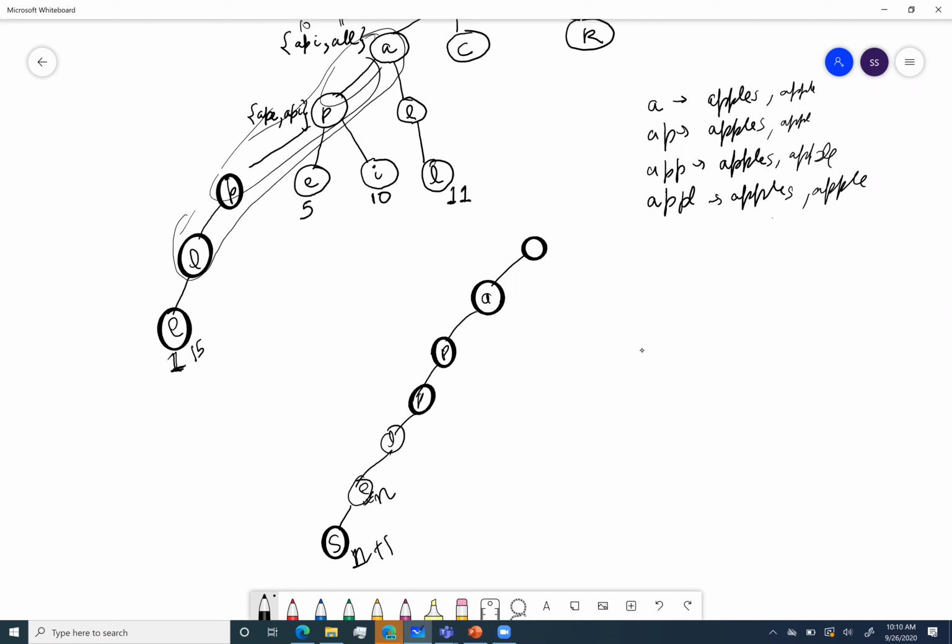Now if anybody puts A, you will show them apples and apple, with apples on top because it has the most frequency. And based on your K, you will keep cleaning this. If more words are coming in, you will remove the oldest word.